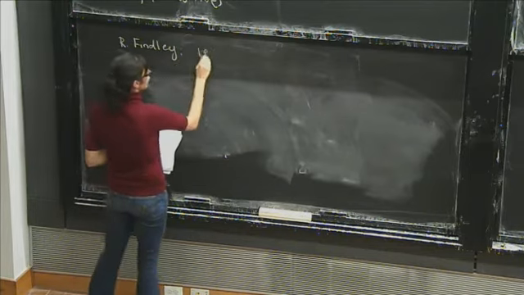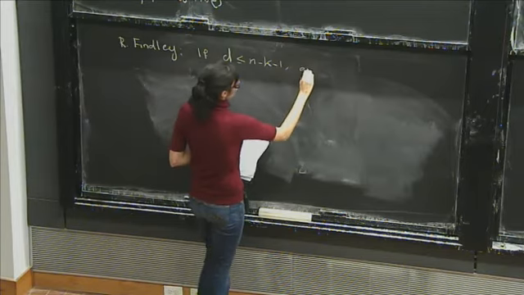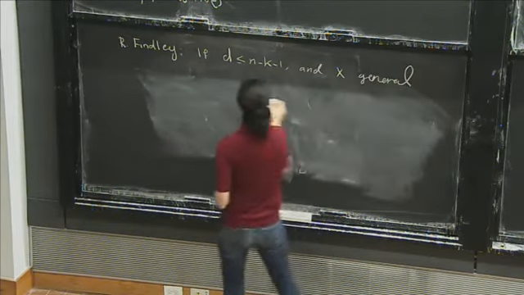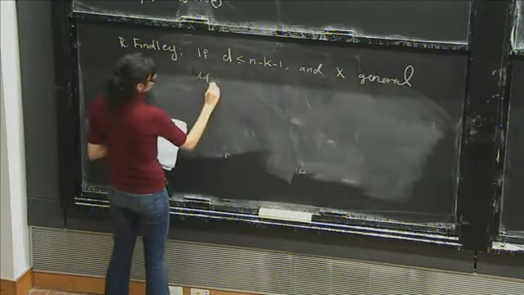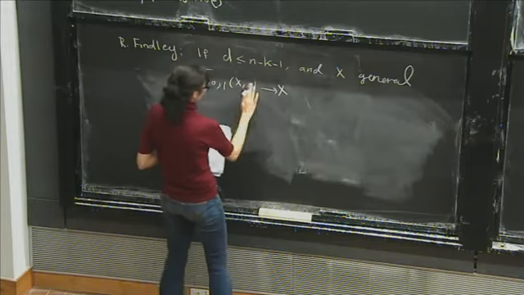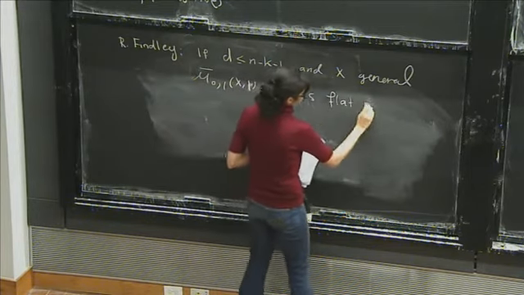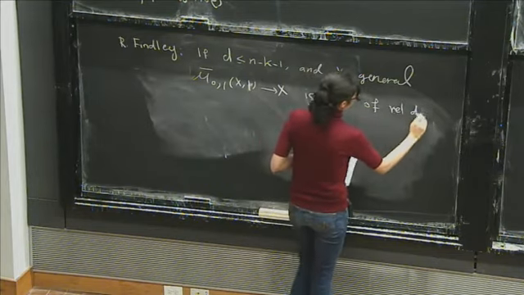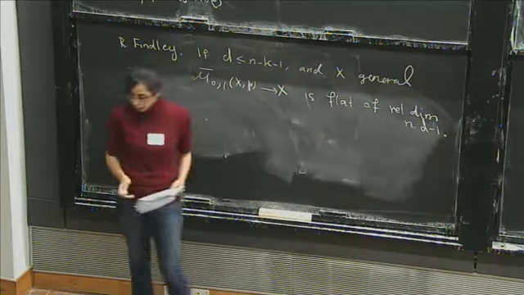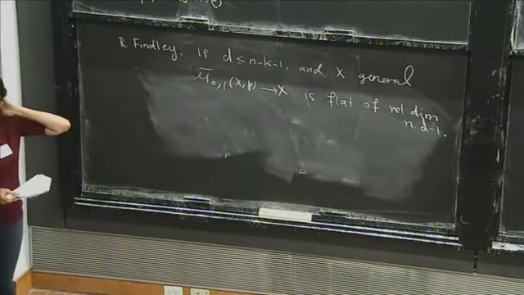So if d is less than or equal to m minus k minus 1 and X is general, the evaluation map for e equal to 1 is flat of relative dimension n minus d minus 1. Okay? But the problem is that this doesn't really give anything interesting in the case of the Grassmannian.